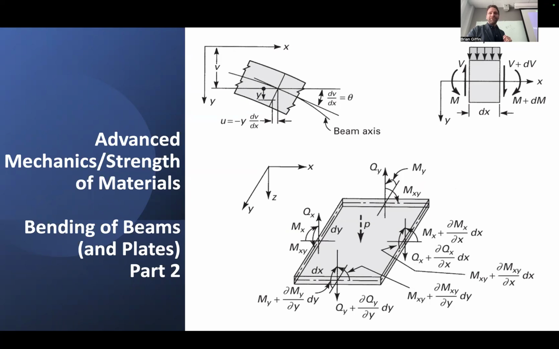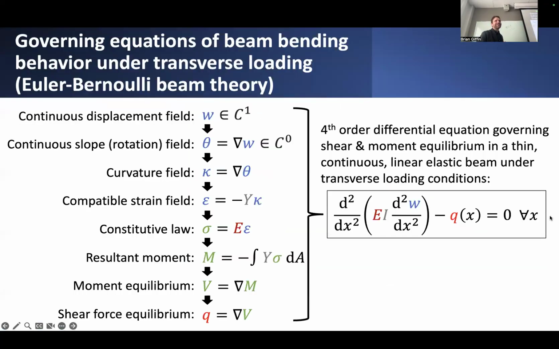And just to give you a brief recap, all of the different equations and relationships between these different quantities of interest in beam bending problems can really be boiled down to one unknown field, one unknown expression for the transverse displacement of a beam.